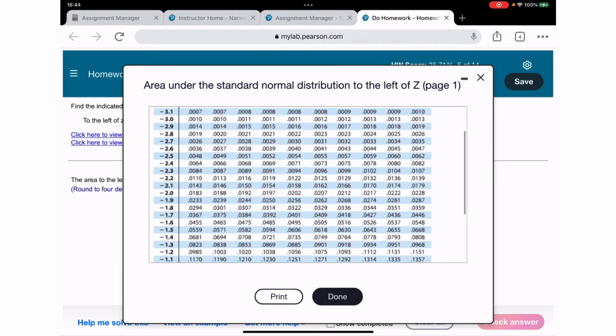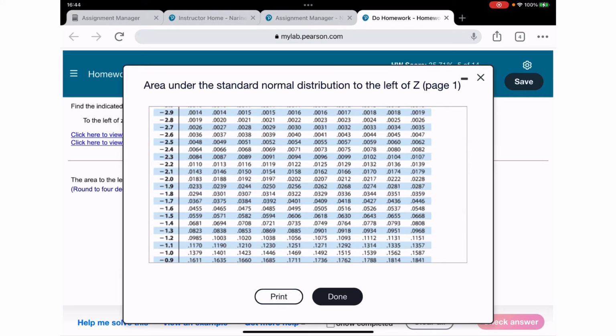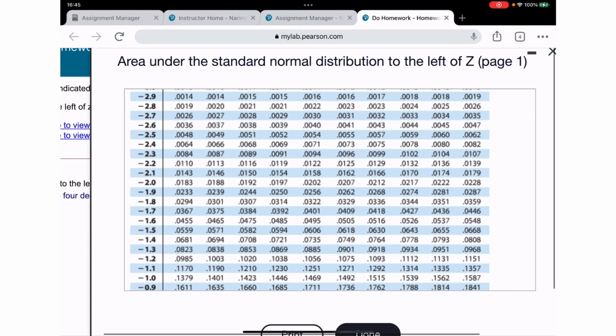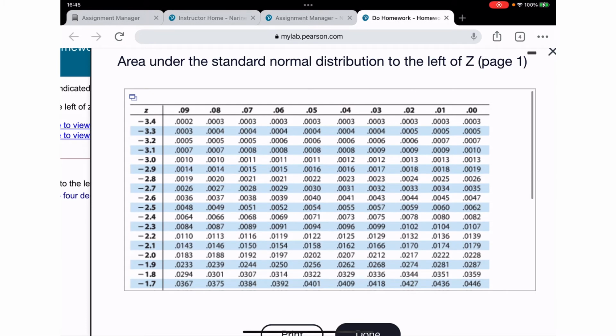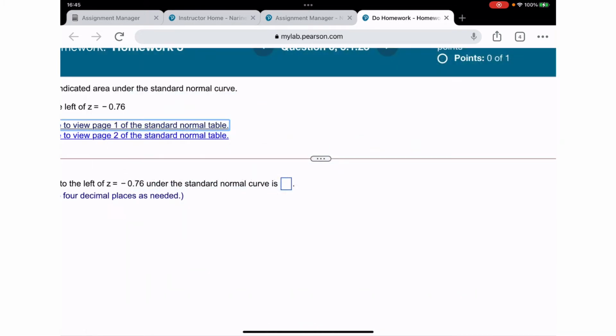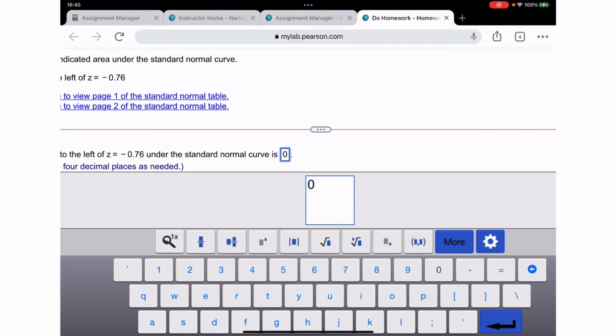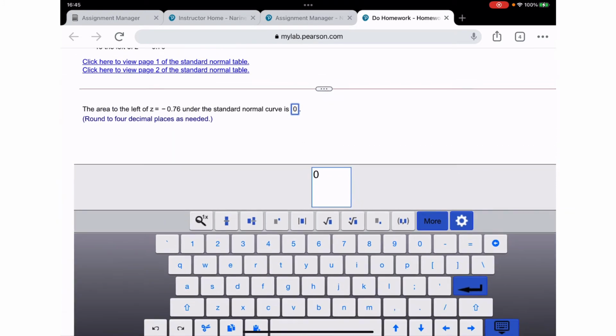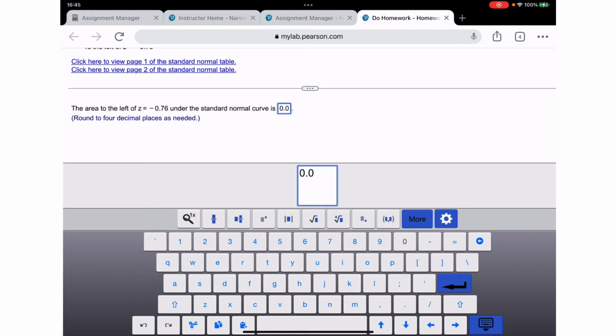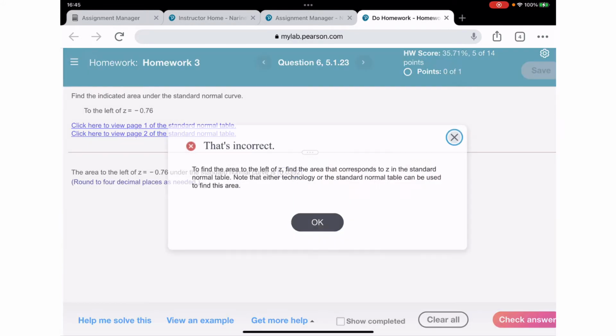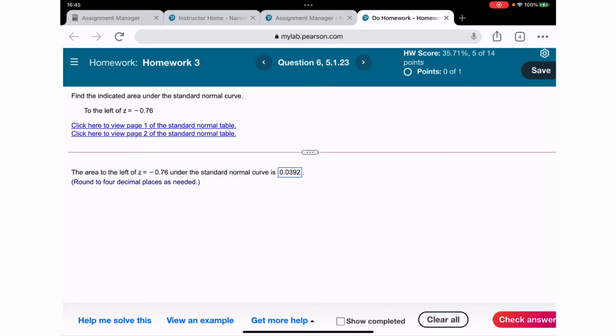Going down, 1.76, I think it's 0.0392. Let me go up here, 0.0392. Let me try. That's incorrect. Okay, I guess I messed something up there.